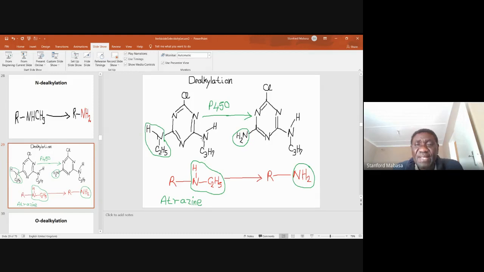Again, this other part can further be converted to NH2 in the presence of cytochrome P450, the enzyme. We can simplify the structure by writing this to represent the atrazine so that we get this NH2 attached.